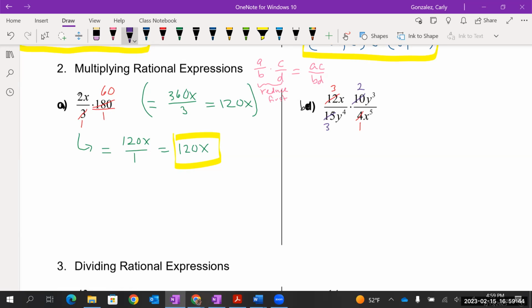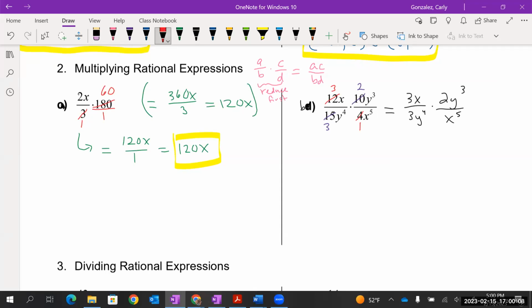So, of course, we can do more simplifying here, but just to keep it organized, I will go ahead and just write out what we have so far. So we have 3x over 3y to the fourth times 2y to the third over x to the fifth power.